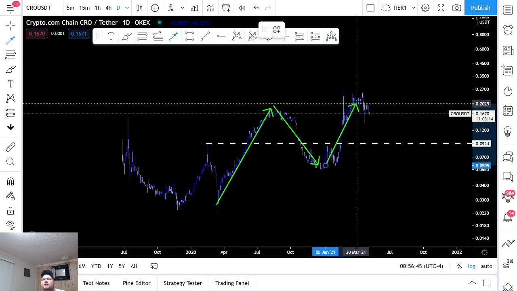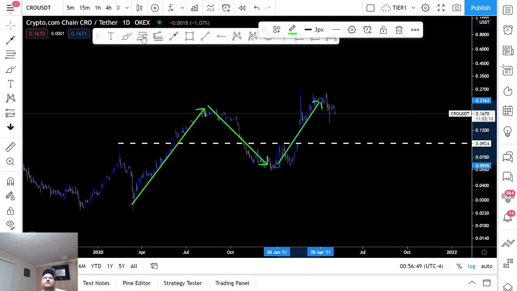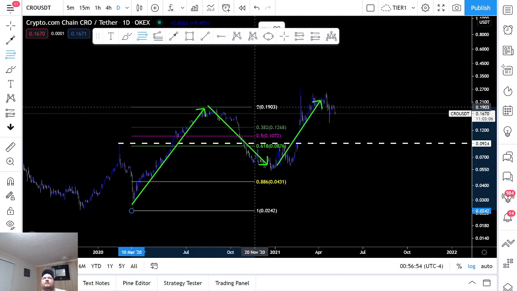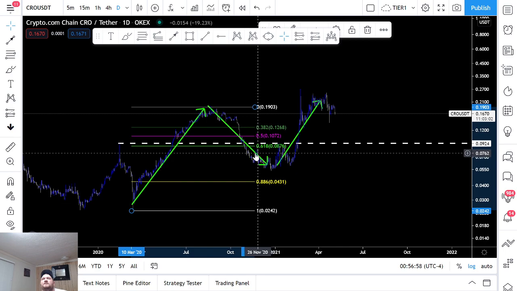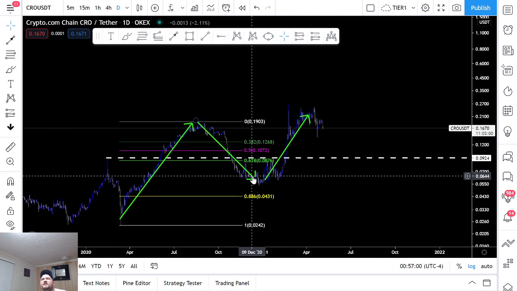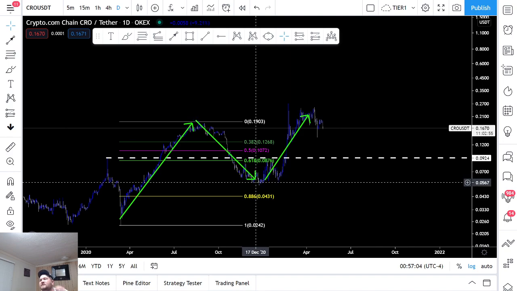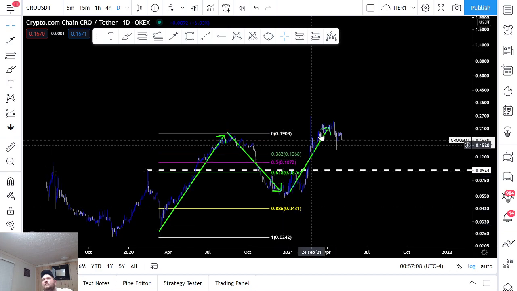And now we've pushed up. It looks like 8 cents right here was the buy. We can see it went all the way down to 6 cents, a little bit, 5.5 cents, before it pushed all the way up.